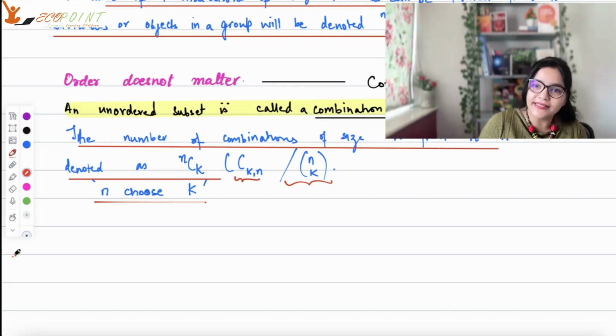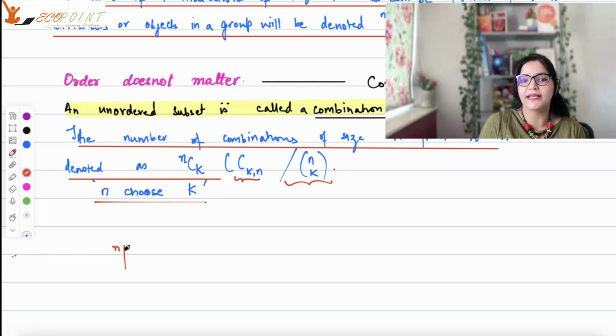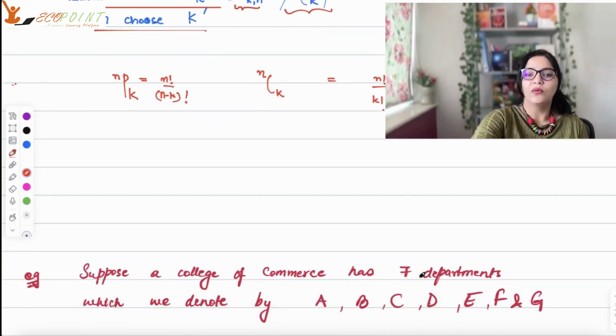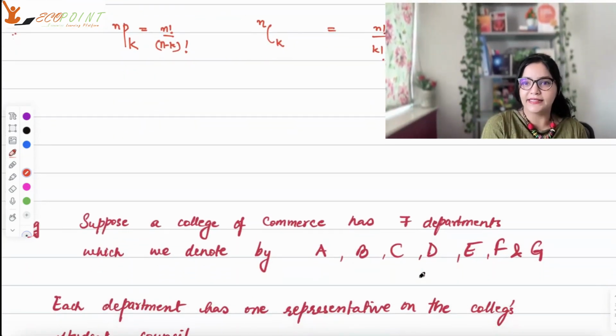What exactly is permutation? What exactly is combination? Permutation is nPk, combination is nCk. nPk is n factorial upon n minus k factorial, and nCk is n factorial upon k factorial into n minus k factorial. How and why this is happening, we did through certain examples.